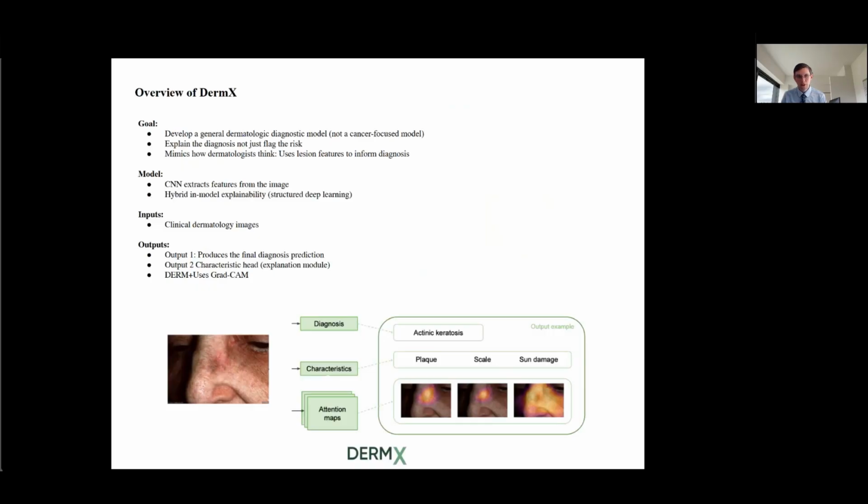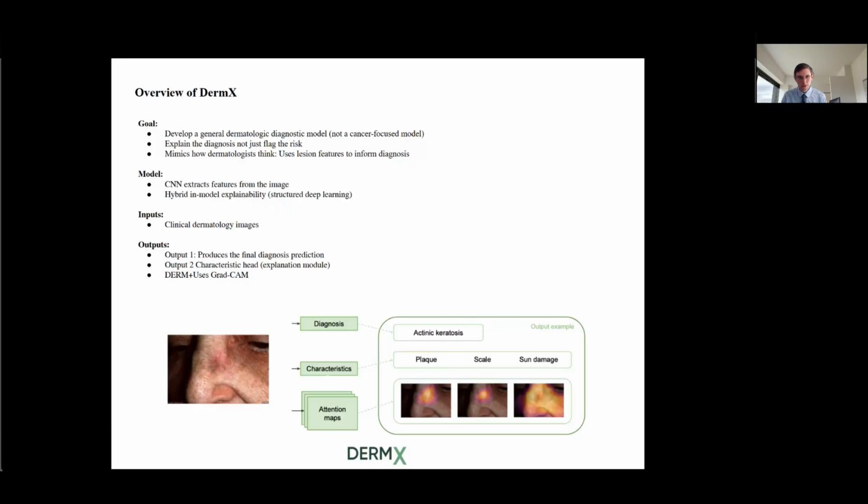So now let's talk about our first explainable model, which is DermX. The reason DermX was developed was that it was supposed to be a general dermatologic diagnostic model. It's not a cancer-specific model, but it's meant for all different types of dermatologic diseases. The goal is to explain the diagnosis, not just flag the risk, and it also is meant to mimic how dermatologists think.